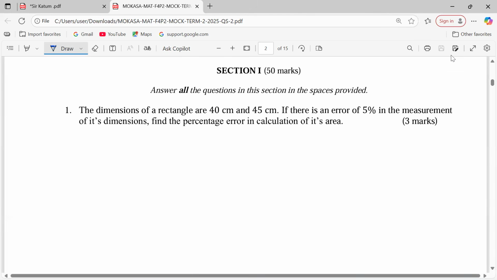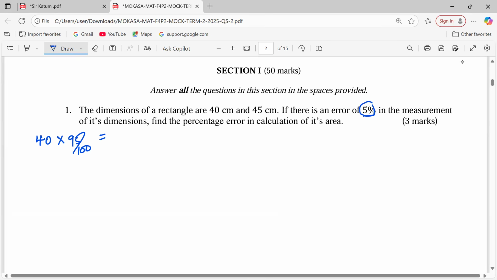It's a 5% error, meaning that with 40 centimeters, this can either be 95% to give us the lower limit because there's an error of 5%.